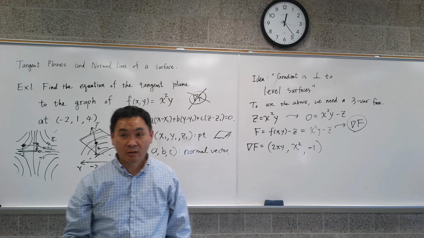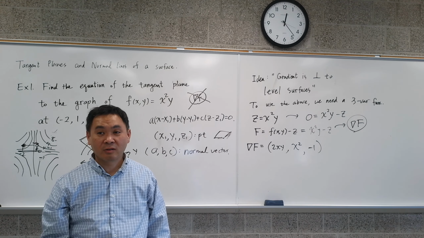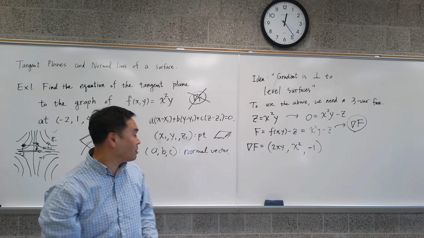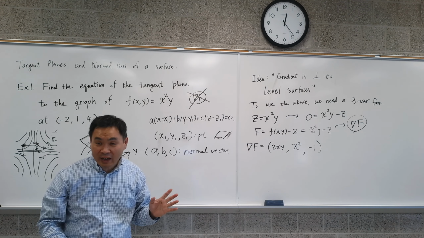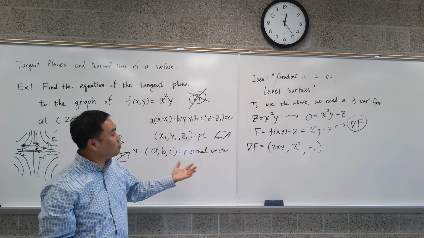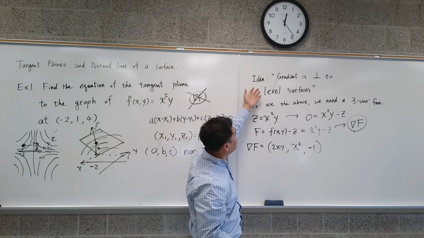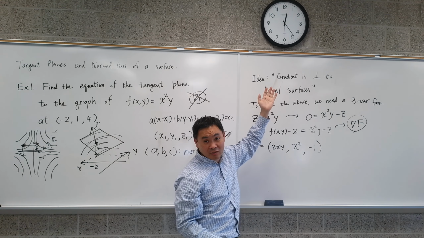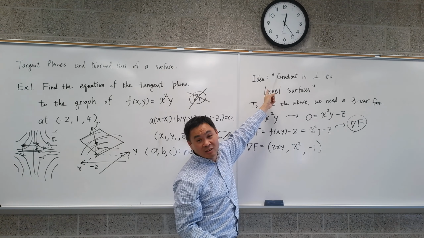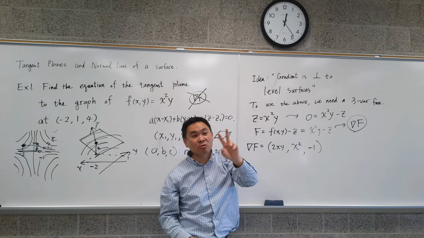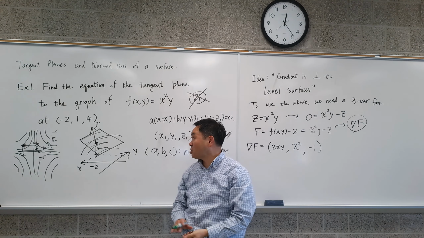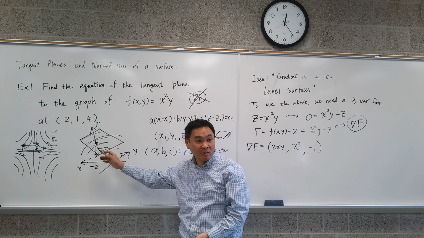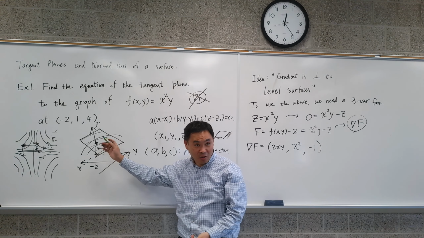We're doing 3 variables because we need a normal vector in space, but we learned that the gradient is perpendicular to level surfaces. Only in 3D. In 2D, that's not true. In 2D, gradients are perpendicular to level curves. We can't use that. We want something that's perpendicular to a surface, not a curve.